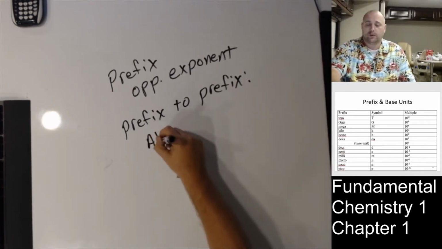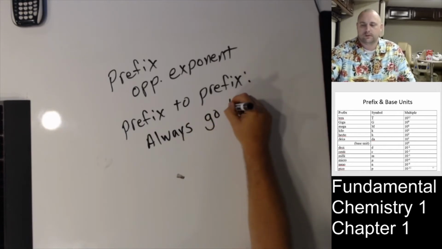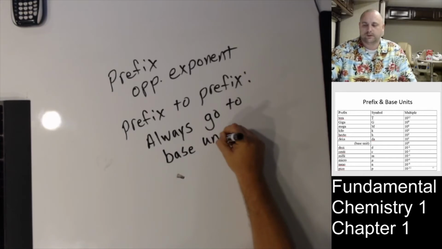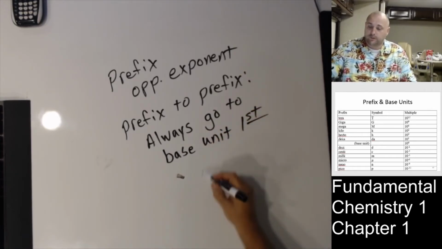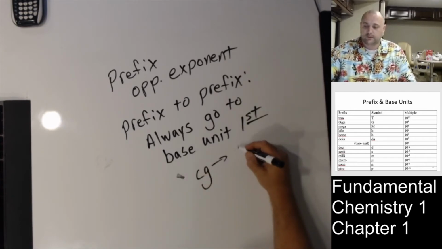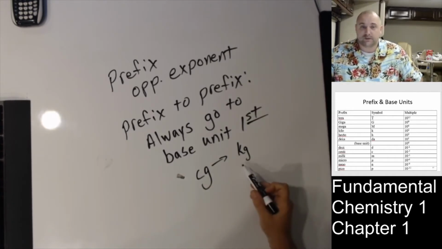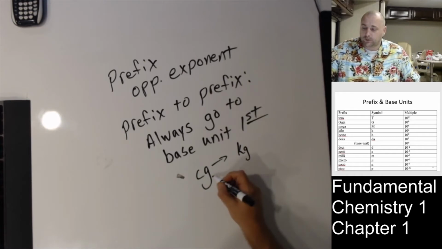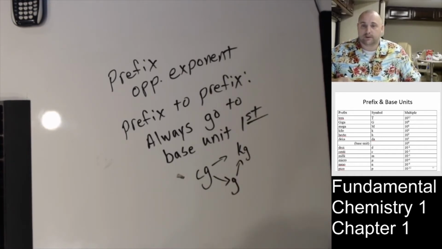We're always going to go to the base unit first. So if I'm going centigrams to kilograms, I'm going to do the base unit first. Now, the base unit is this thing here. So I'm going centigrams to grams is 1 unit, and then grams to kilograms.